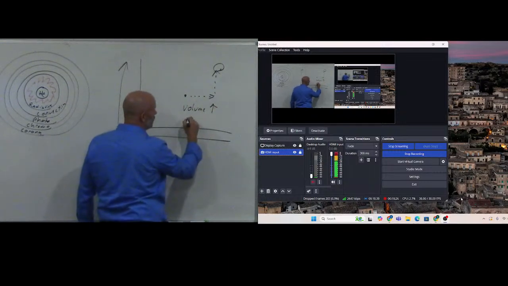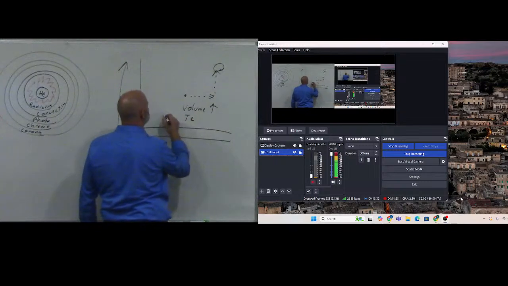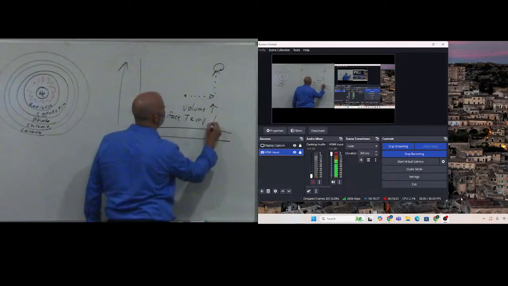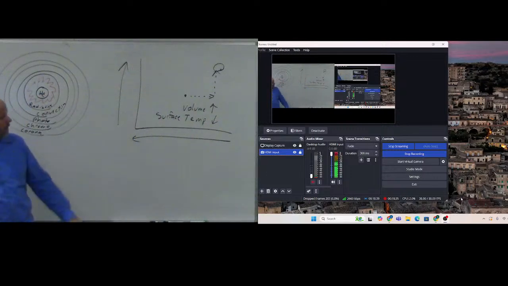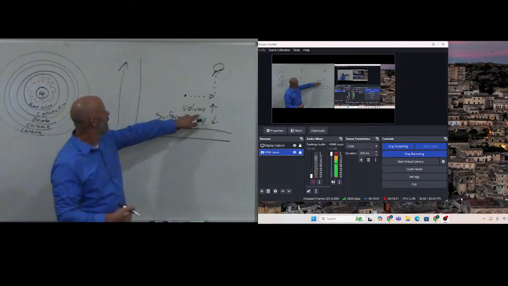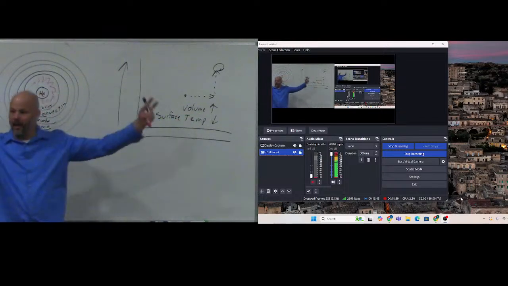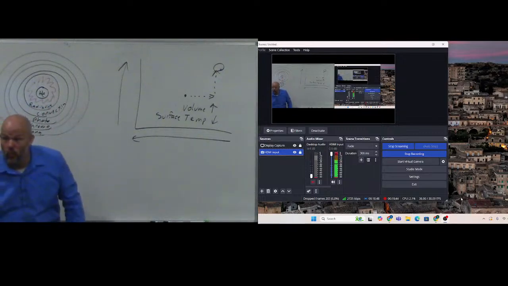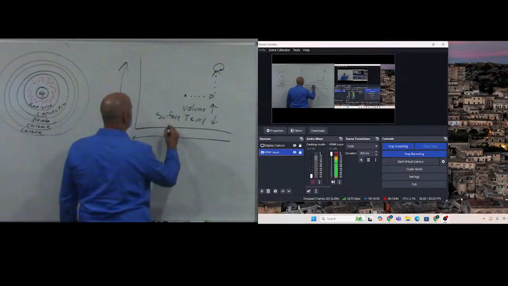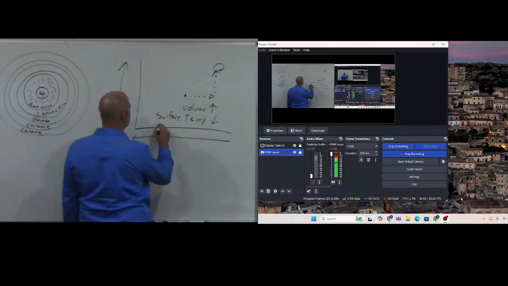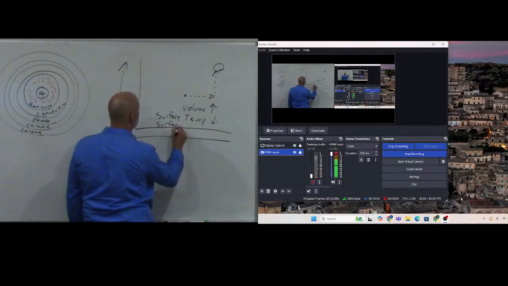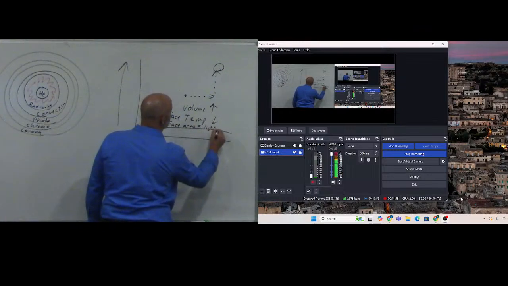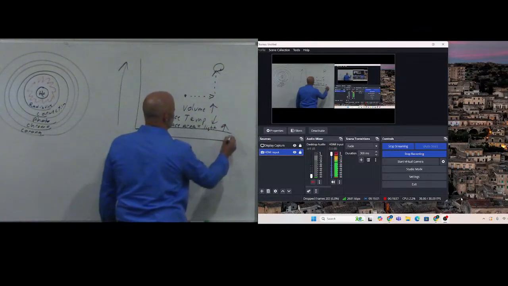My temperature, because of the outer layer, I'm going to say surface temperature goes way down. But my surface area, which is related to my volume, which lets out more light, goes way up, right? So what did I say there? Surface area, which equals light, right? Escaping, it goes way up.